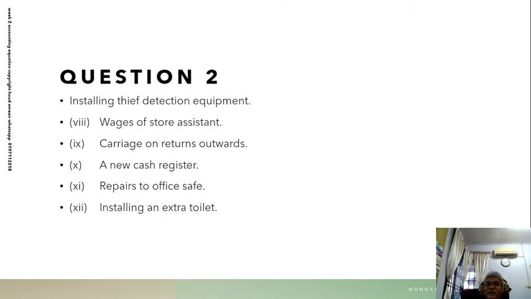Kalau tidak ada insurans, tidak ada kos pemasangan, aset tu tak dapat nak dijalankan. So any cost incurred for start so that the asset can be used, boleh digunakan. So kalau tak ada kos-kos tersebut, kos tu tak dapat digunakan. So this is considered an asset.